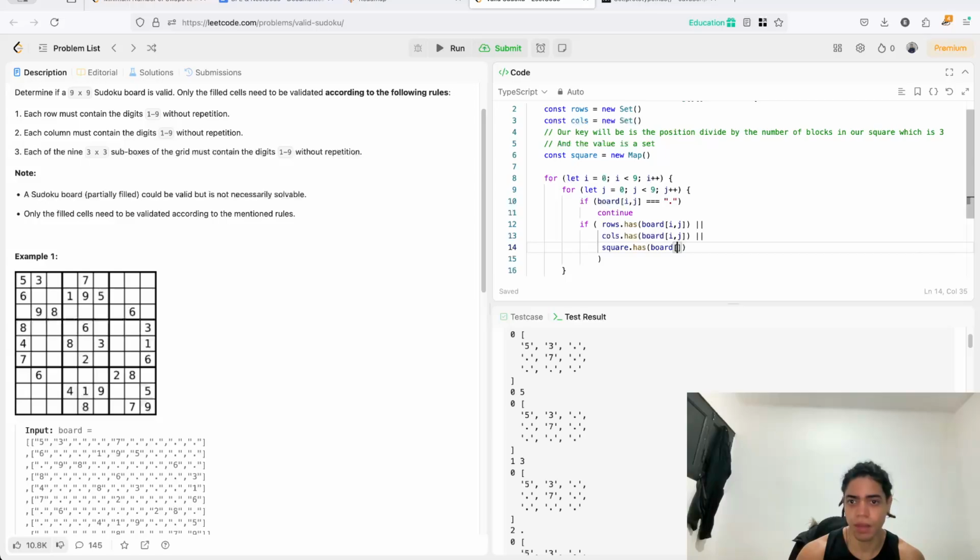I divide by 3 and j divide by 3, which is the representation of the square.